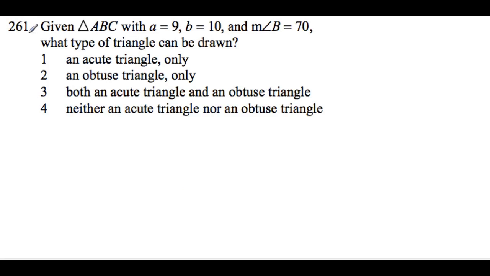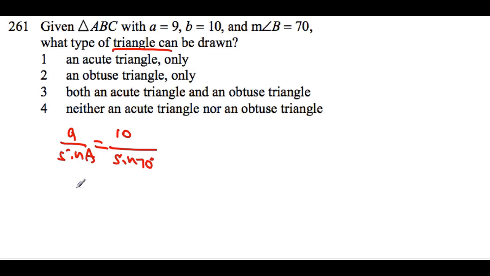Number 261. Given that AB and angle B are given in this way, what type of triangles can be drawn? Let's try to find the measure of the angle A. Here we get 9 over sine of A must be equal to 10 over sine of 70.